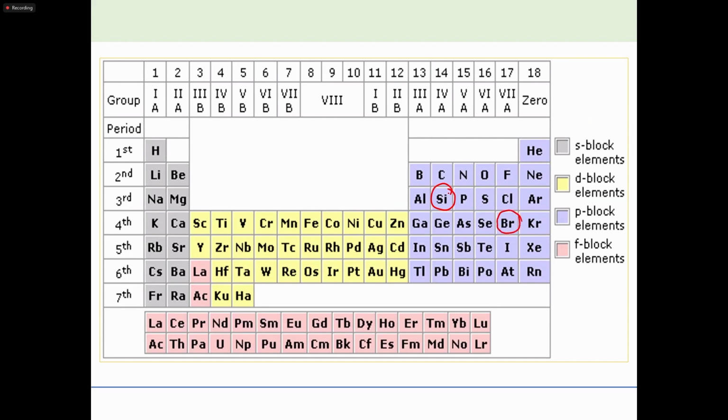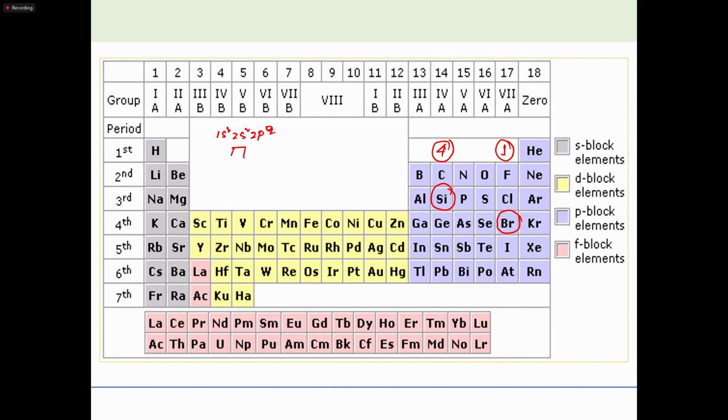Okay. So if you see the bromine, we know that the valency of bromine, fluorine, chlorine, bromine, iodine, these halogen elements, is equal to 1. Now, for carbon, silicon, germanium, tin, and lead, we have to know the valency of this carbon group. It will be equal to 4. How? If you know the electronic configuration of carbon, it is 1s2, 2s2, and 2p2.